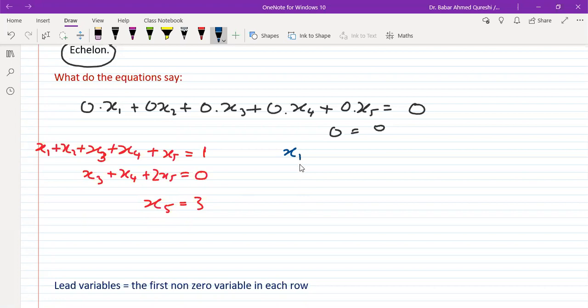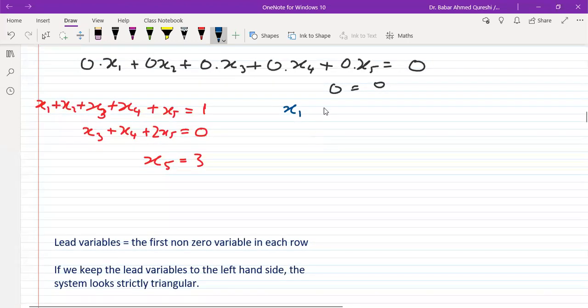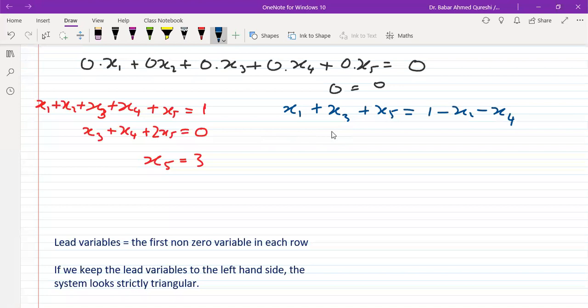So if I keep the leading variables on the left hand side, the system looks triangular. So take the other variables to the other side. x3 is a lead variable, so keep it here. Now if you think of x2 and x4, you have no information about x2 and x4.